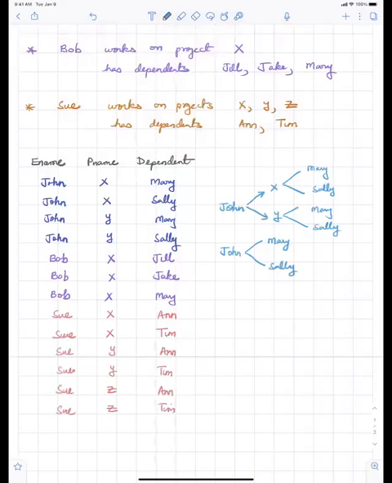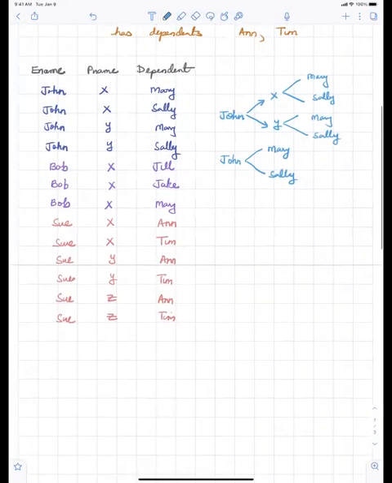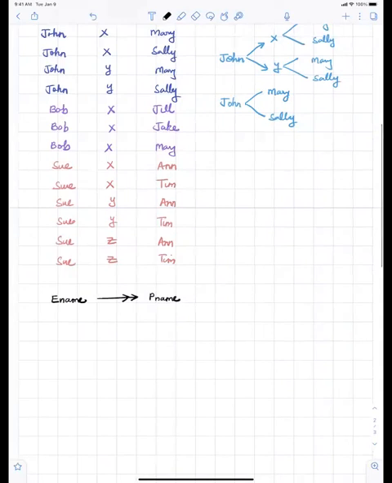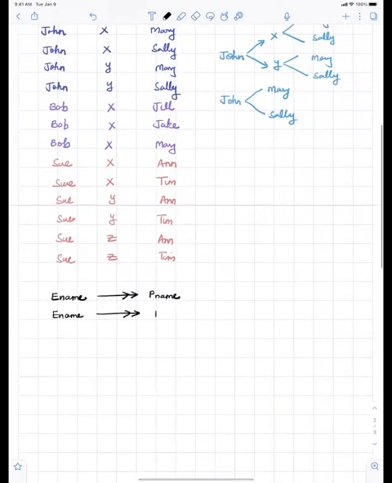This is not a functional dependency, it is a multi-value dependency. So out here, what you say is that ename is a multi-value determinant. It's shown with a double arrow. Where earlier for functional dependency we do only one arrow, for multi-value dependency you do double arrow. So what you say out here is that ename multi-value determines pname, and at the same time ename also multi-value determines dependent.